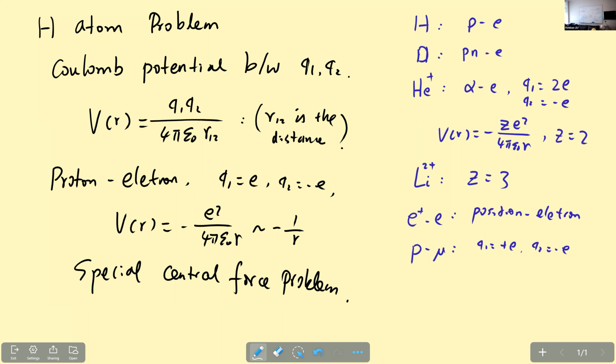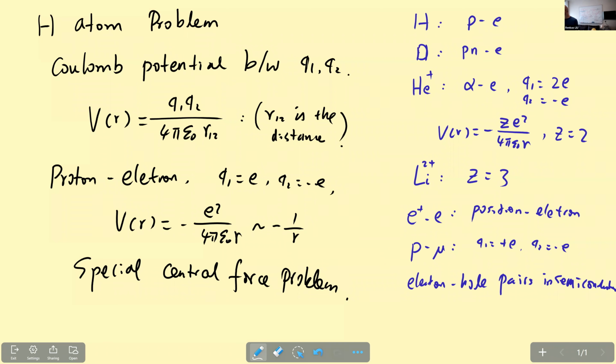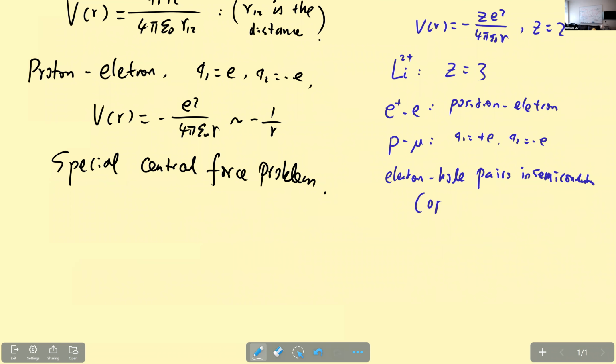You can also have electron hole pairs in semiconductor, for example. Okay, a lot of optical properties of semiconductors are related to this kind of hydrogen atom, but of course it's an effective hydrogen atom problem in semiconductors.